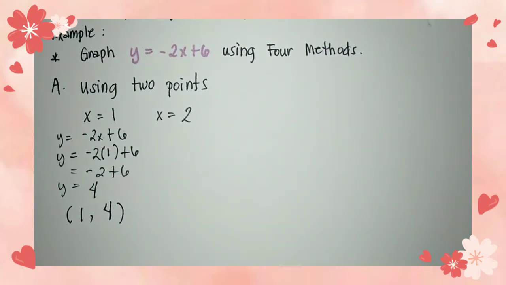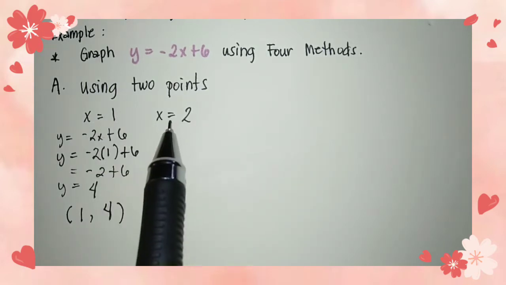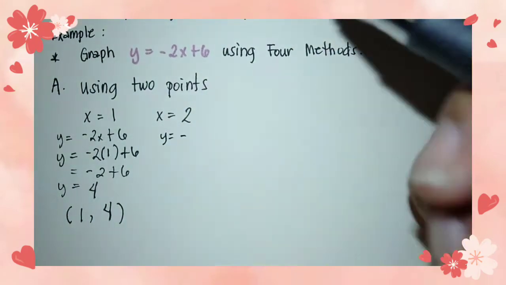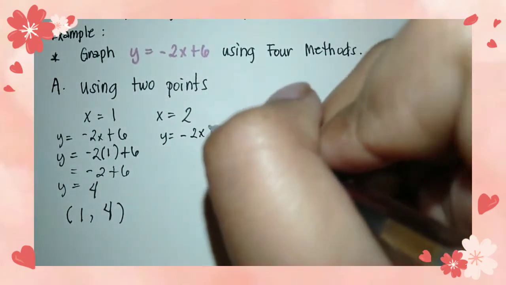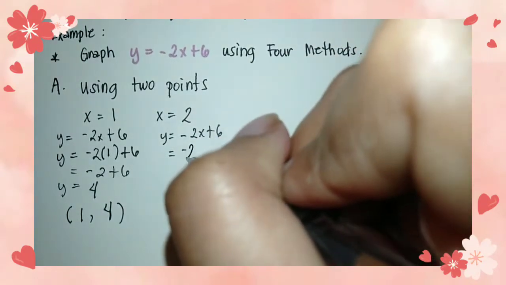So, yan na yung ating first ordered pair. Okay? Since kailangan pa natin ng isa pang ordered pair, enable for us to graph a line in a Cartesian plane later, of course, kaya dalawa yung ating inassign na x. Okay? Na value ng x. So, we have, of course, gagamitin ulit natin negative 2x plus 6. Then, do substitution since we have negative 2, copy lang.